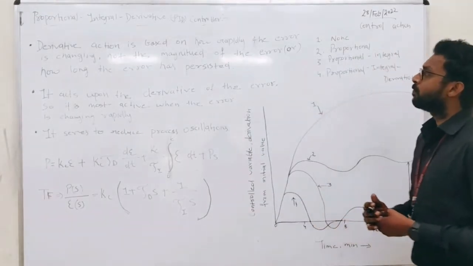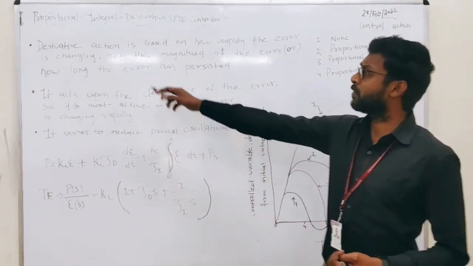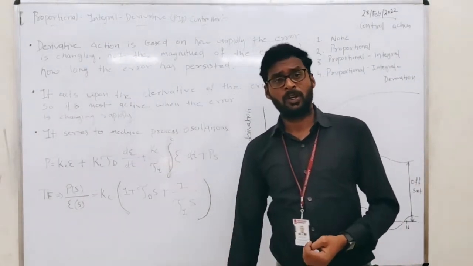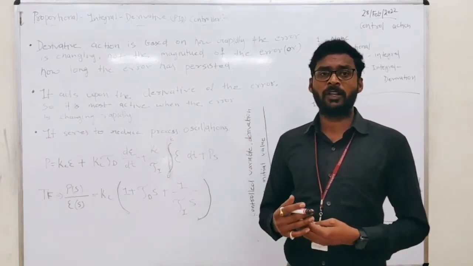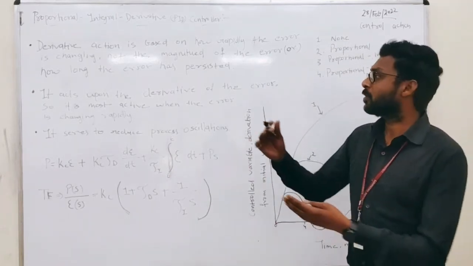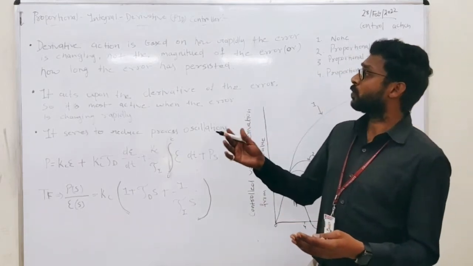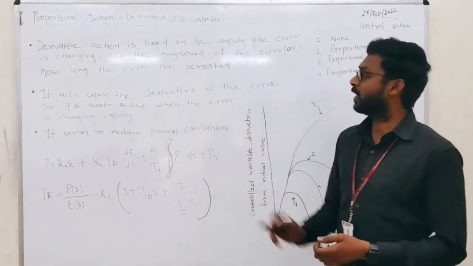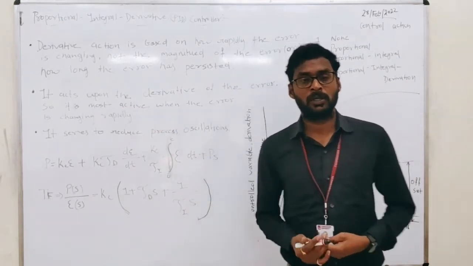Okay, so that is what I have written down here. When we use the derivative controller, of course, when the process is rapid, we can remove the error from the process. But we cannot find out the magnitude of the error or how long the error is taking place.